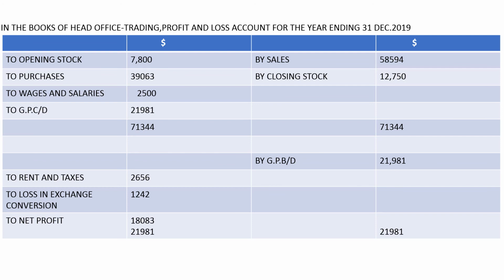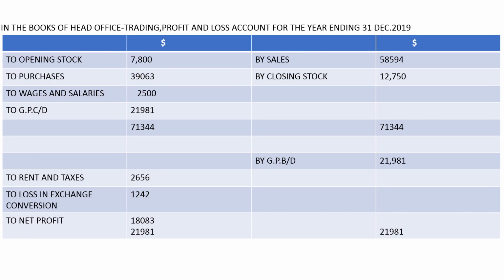Now this GP we have to transfer to profit and loss account on the credit side by gross profit brought down, 21,981. Then to rent and taxes, 2,656. To loss in exchange conversion, 1,242, because we have already converted the Indian currency into Australian dollars and the loss was coming in conversion, 1,242.